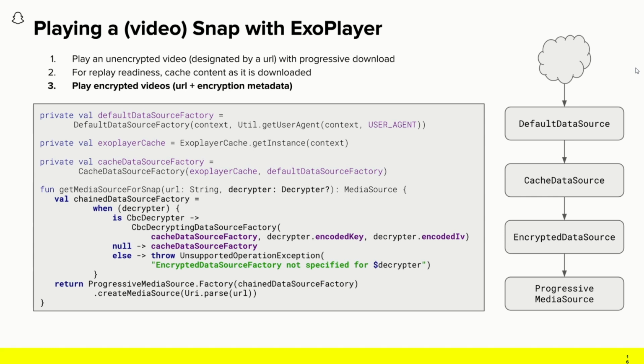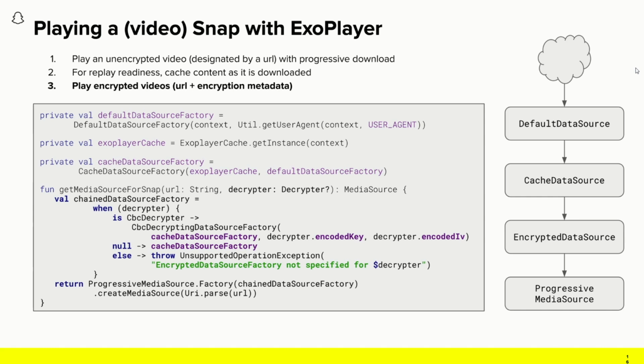This slide highlights two ways that ExoPlayer is really flexible. First, data source chaining. In this example, we would have the content encrypted on disk, which is what we want for StoryKit. But if you wanted content to be decrypted before being cached to disk, you could have the cache data source factory pull from the decrypting data source factory.